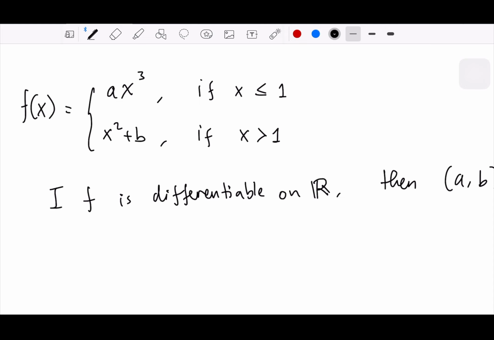They are having 1, so we should consider 1 as our target approach for x. Okay. So let's write down the definitions and how we can have the differentiability.